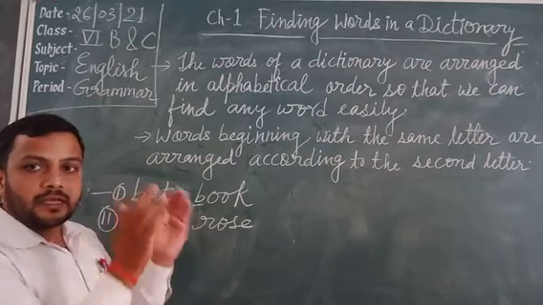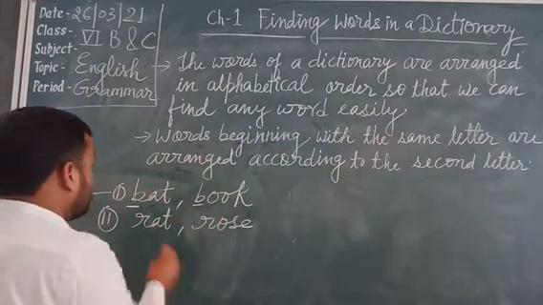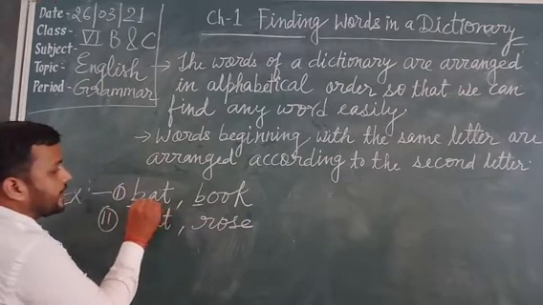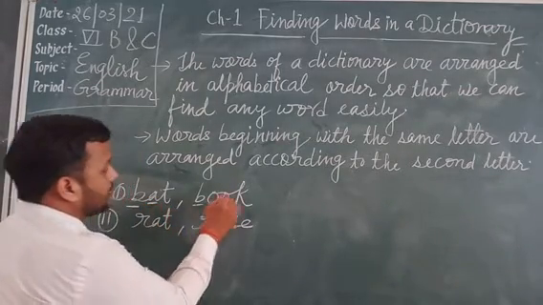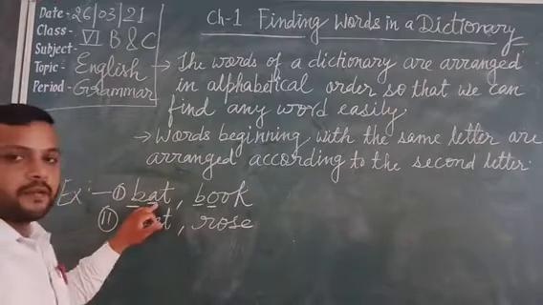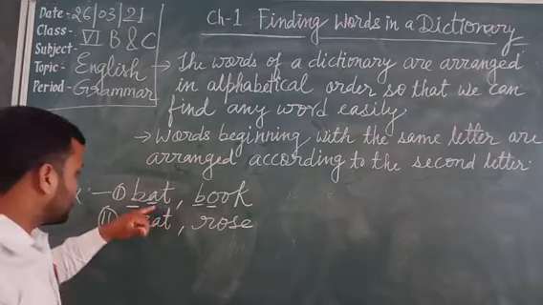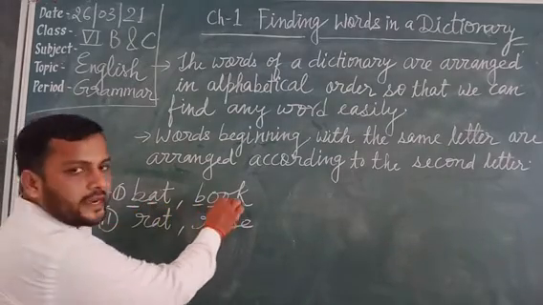That's why we arrange such words according to the second letter. The second letter is A in bat, and O in book. So A will come first in the alphabet, and after that O. So first we will write bat, and then book.